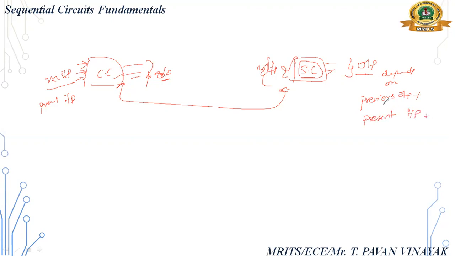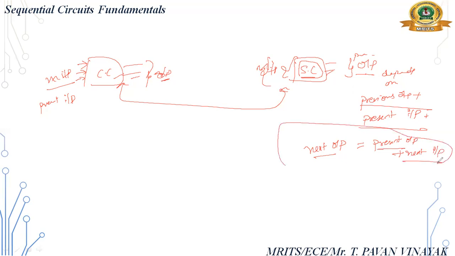The present output depends on the previous output plus present input. Then the next output depends on the present output plus next input.